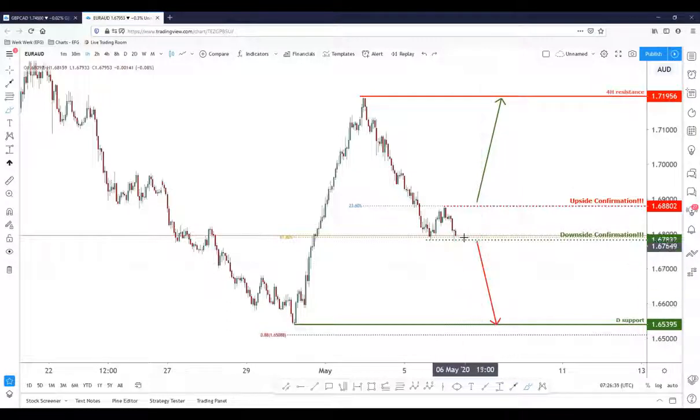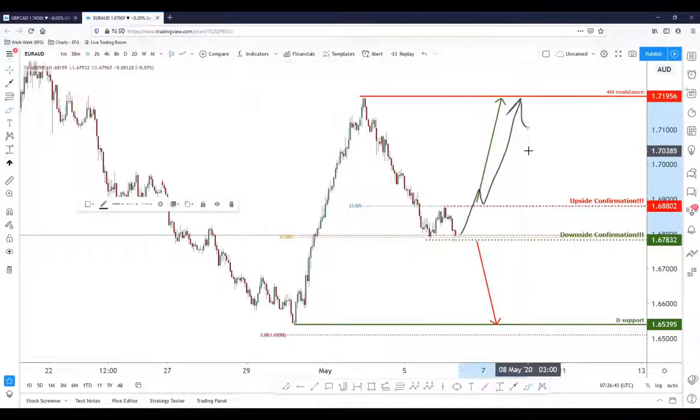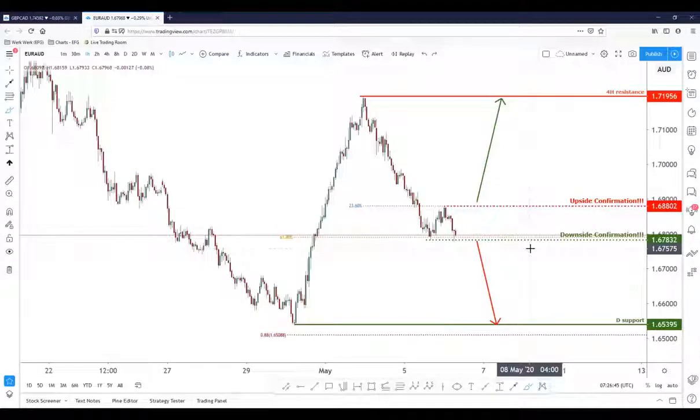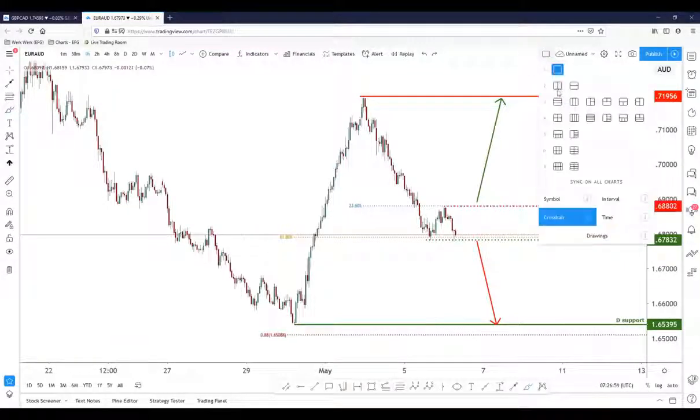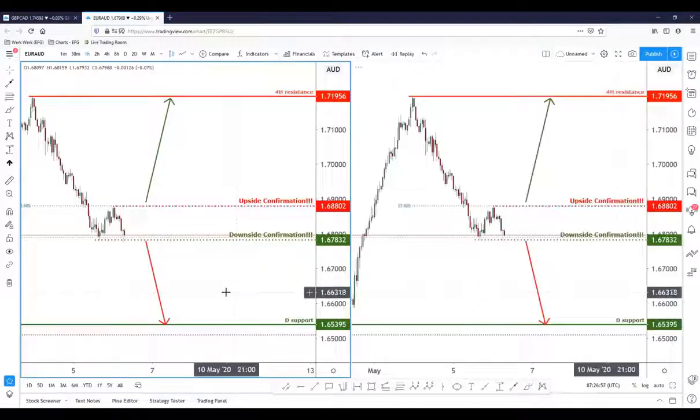The next scenario will be price comes upwards and it breaks the upside confirmation, comes back to retest, then we can go long and play all the way up. All right. So these are the two levels. Take note of it. If price were to break the upside confirmation, how I'll play this is, let me just split this screen into two so it's easier for you guys to see, right?